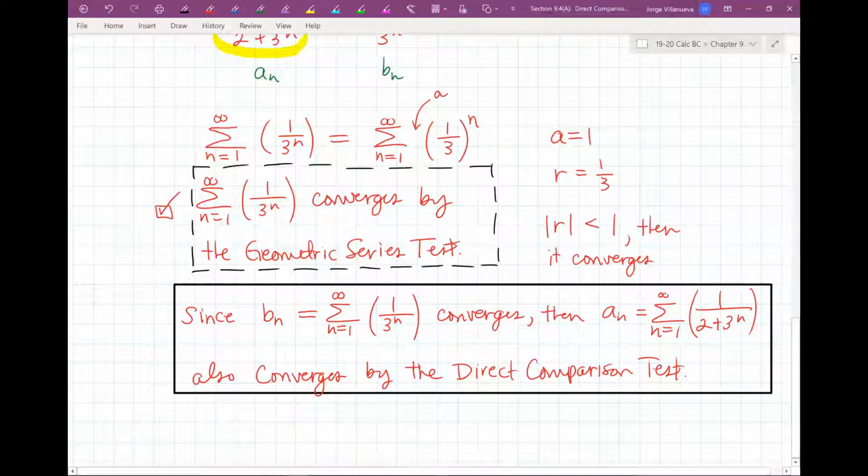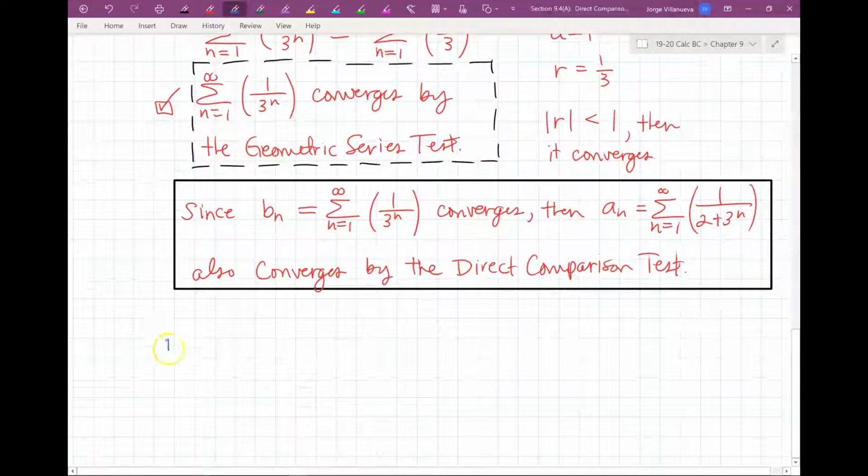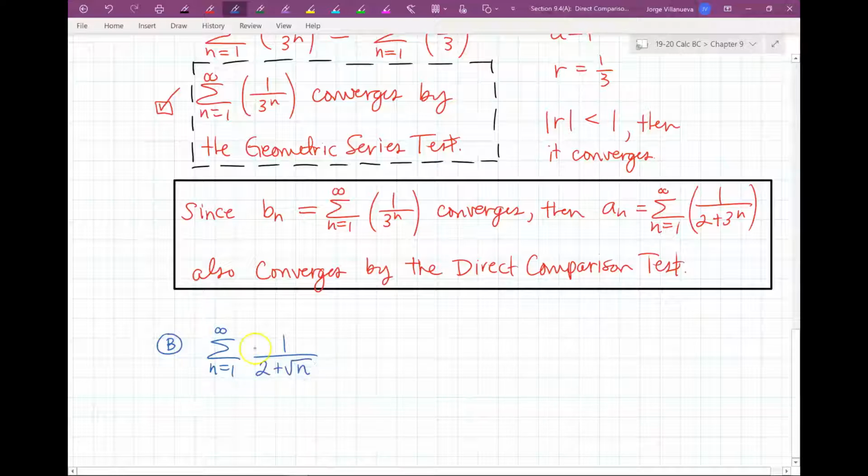Let's do another one really quick. Part B. From 1 to infinity, I want 1 over 2 plus radical n. So think about this one. What are you going to compare this with? So 1 over what? Radical n?